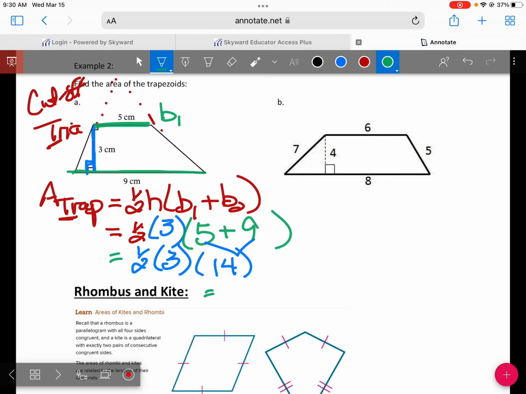So in order for us to do this without a calculator, what is half of 14? 7. And then I take that 7 times the 3, and that's 21 centimeters squared.